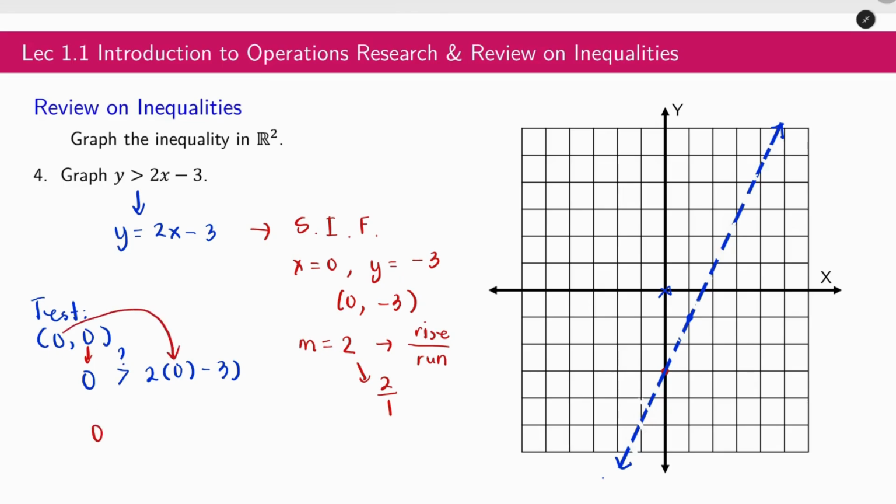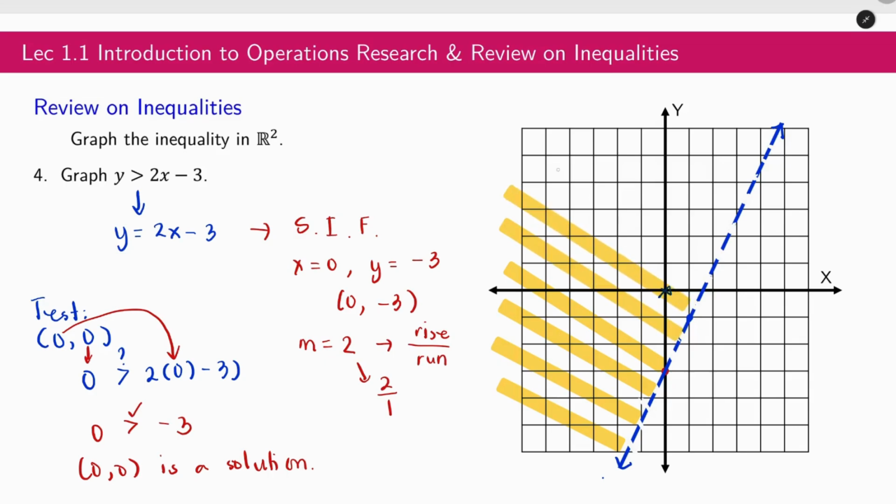Tingnan natin. 0 is greater than negative 3. So, this is correct. So, meaning to say, 0 is a solution. So, kasama si 0 sa isi-shade natin. Okay, this is the region that we are going to shade. Meaning to say, all of the points that lie in this shaded region, lahat yan, isang buo yan, is part of the solution of this inequality.